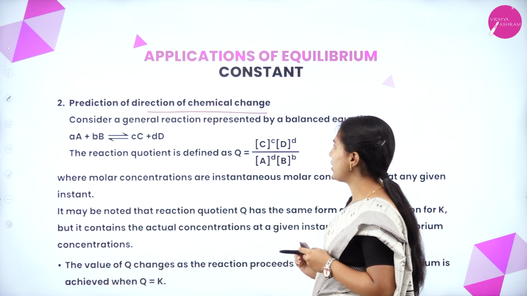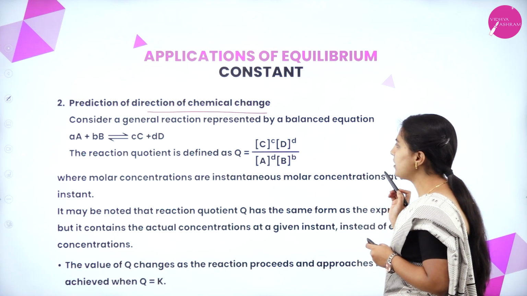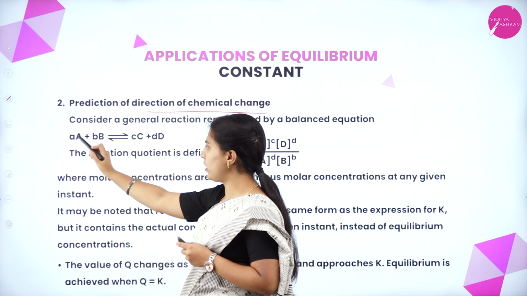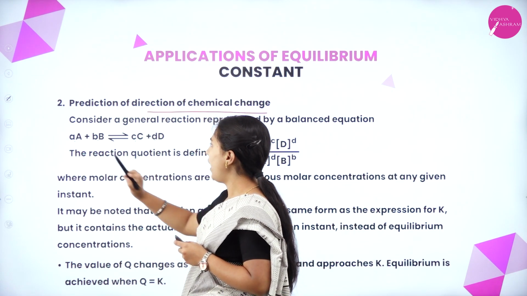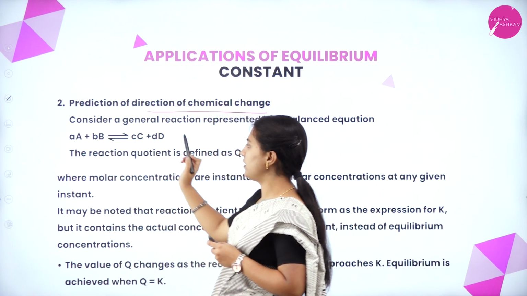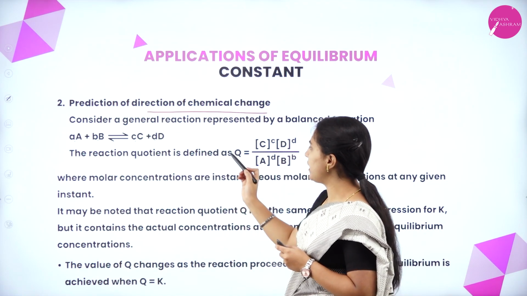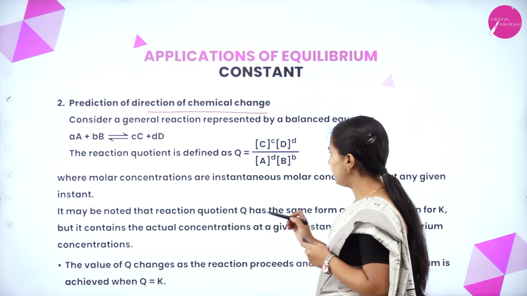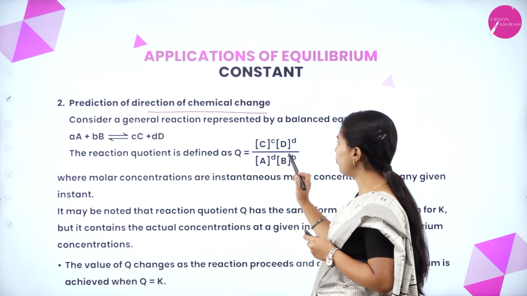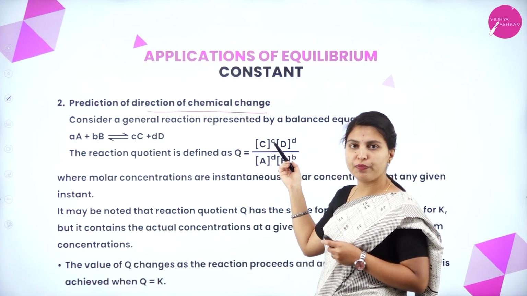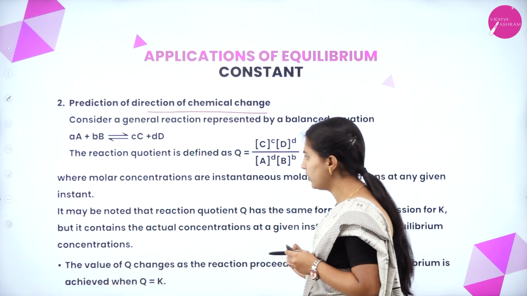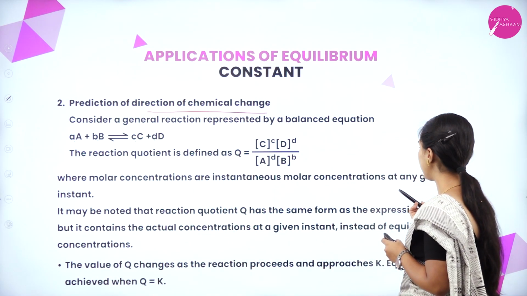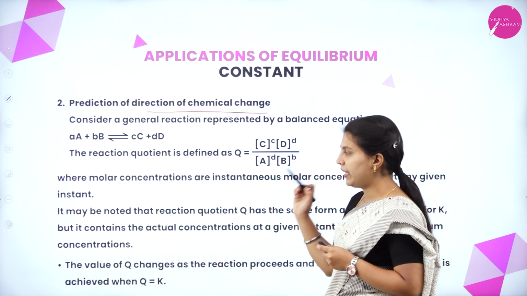Next, prediction of the direction of a chemical change. Consider a general reaction represented by a balanced equation. Here the small letters show the moles, with reactants A plus B, and this is the product. The reaction quotient is defined as Q. The quotient is designated by Q. This one you know: concentration of products by concentration of reactants, when molar concentrations are the instantaneous molar concentrations at any given instant.